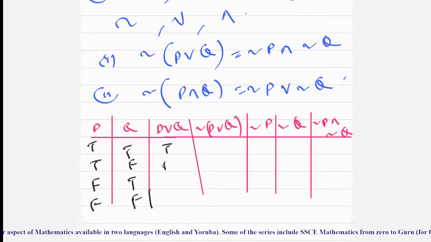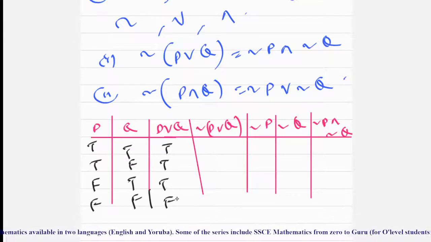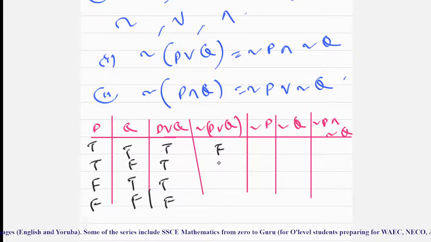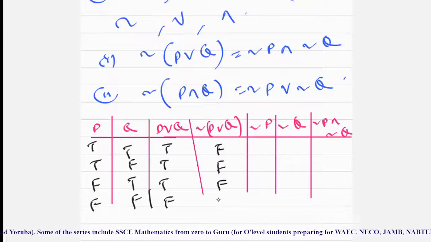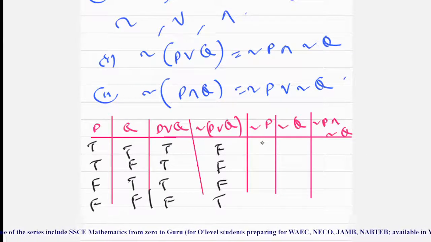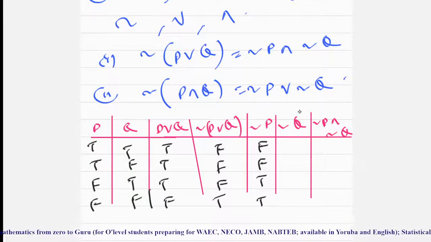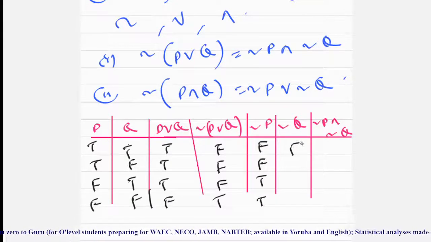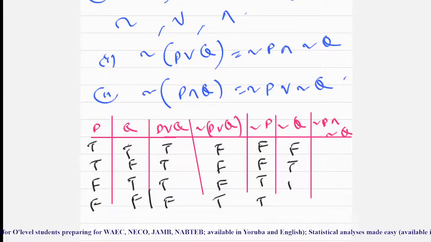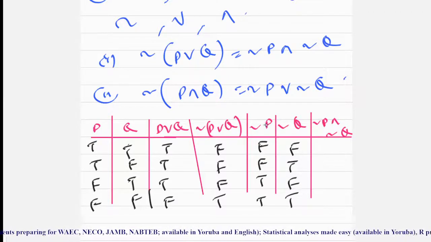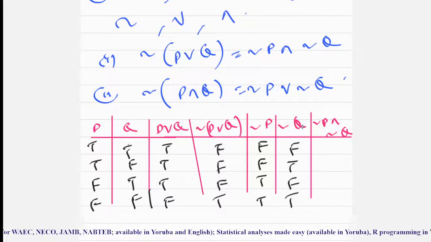Then it is true, true, true, false. Refer to my previous video. And negation of this is going to be false, false, false, true. What is negation of P? That is false, false, true, true. What is negation of Q? False, true, false, true.